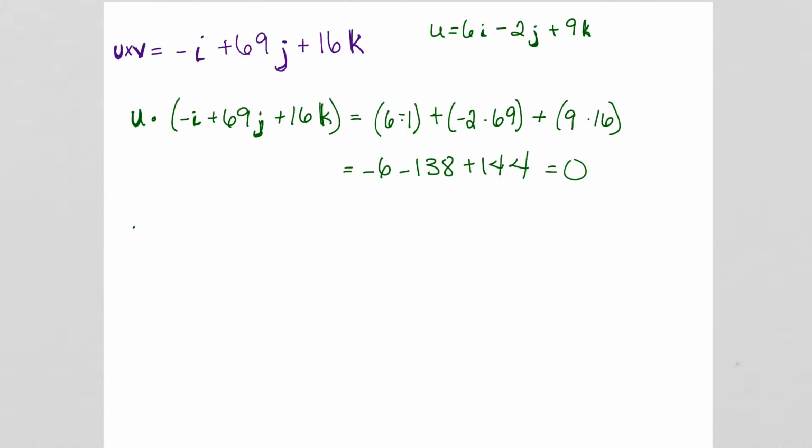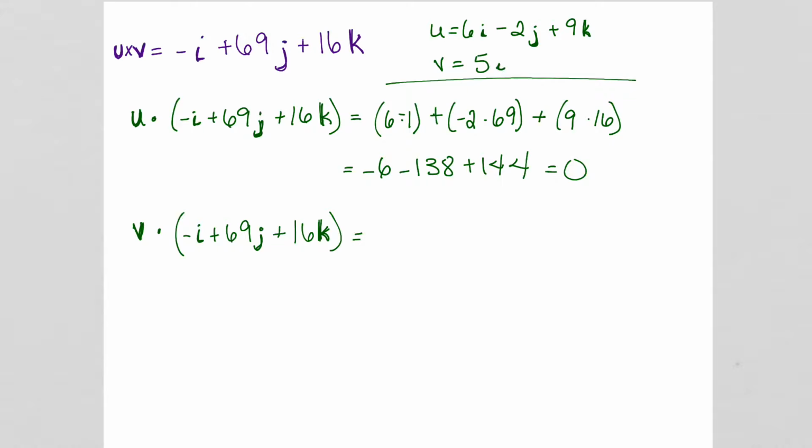We also need to check v dot our supposed orthogonal vector. And you don't have to check these unless you're asked to. v is 5i plus j minus 4k.